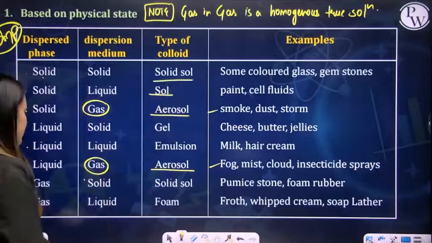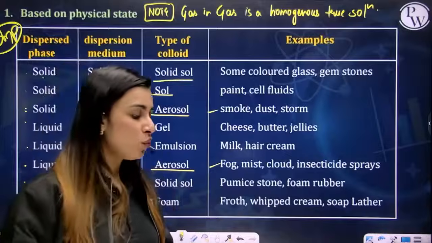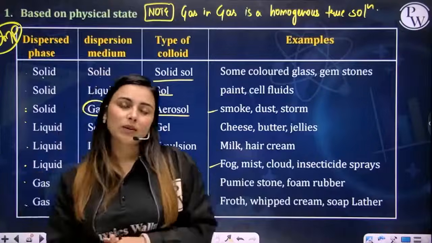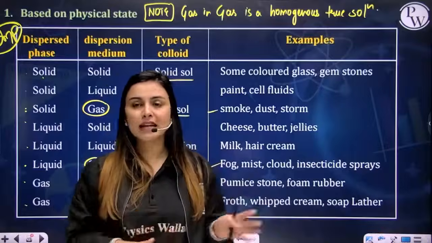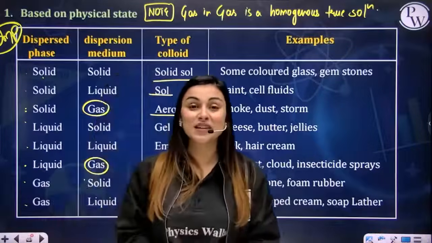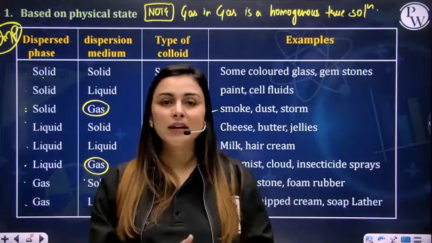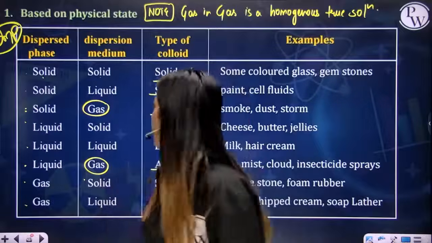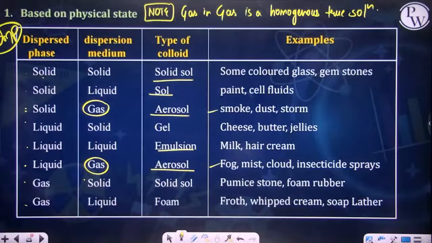Okay. Next, whenever you talk about liquid in liquid, my dear students, imagine milk. What does our milkman do? He takes milk, he adds water to it, and he gives us, right? Yes. So what is milk? Water in milk, right? So liquid in liquid, that is an emulsion. So your milk is always an emulsion. That is, liquid in liquid is always emulsion. Okay.